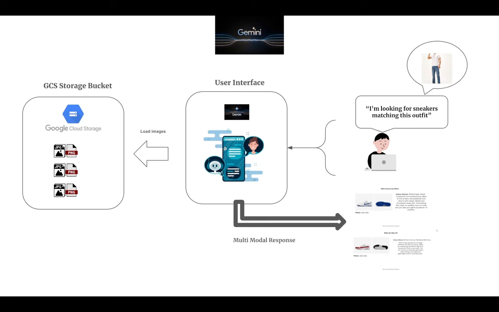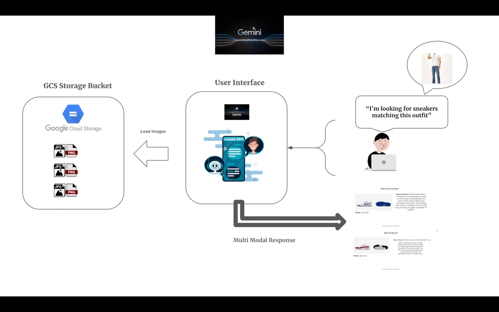Now in this flow, first of all the product images will be uploaded to a GCS bucket. The second step is to accept the inputs from the user, which will be passed to the Gemini Pro model in order to match the user inputs against the product images stored in the GCS bucket, and eventually come up with accurate recommendations, which in this case can contain image and text both, or either of them, since Gemini Pro is multimodal.